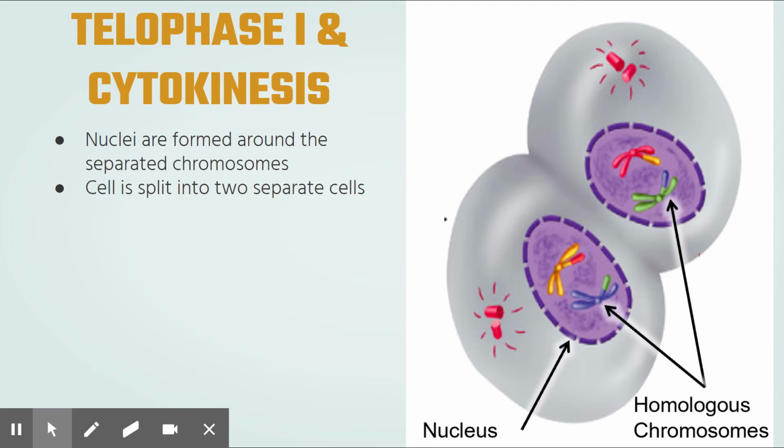We can see that each cell now has a nucleus, and that nucleus has one copy of each homologous chromosome. It either has a yellow or a pink, and then it also has either a blue or a green. It has one of each homologous chromosome.